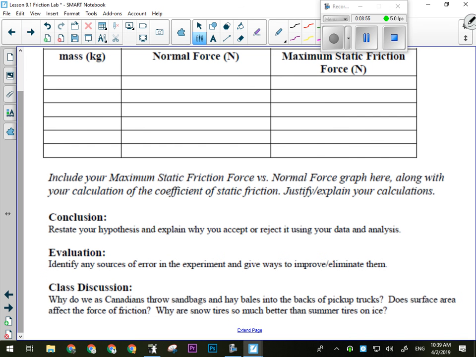Now all I want to see for the analysis is the graph, and then I want to see your calculation of mu using the graph. I do not, I repeat, do not want to see 5 calculations of this. I do not want to see you calculate mu by going force of friction over normal force 5 times and then averaging it.